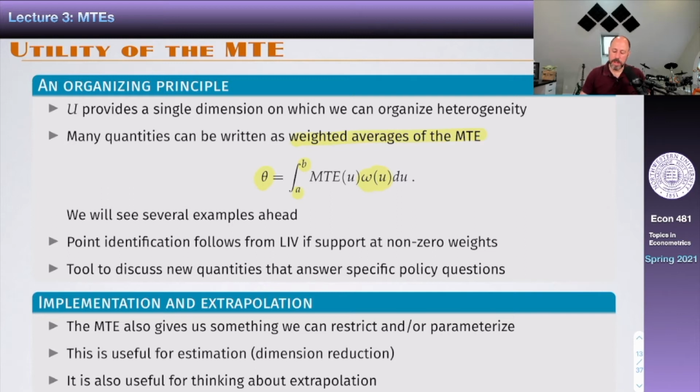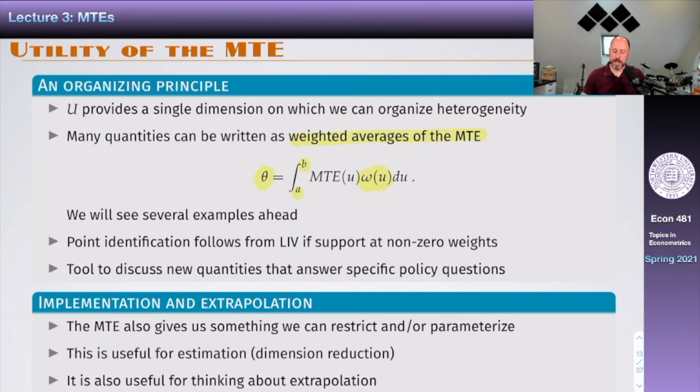If the parameter you care about can be described this way, it is going to be identified if we identify the marginal treatment effect function, and assuming that the weights are either known or can be identified. So point identification follows from the local IV approach that we just described and proved. Wherever the weights are non-zero, we need to be able to identify the marginal treatment effect.